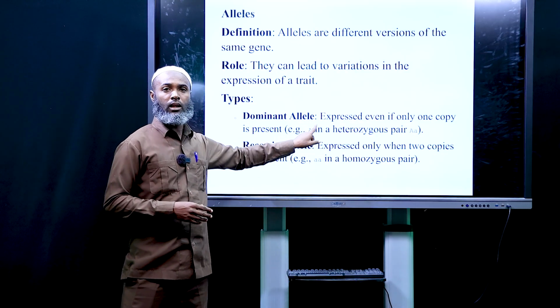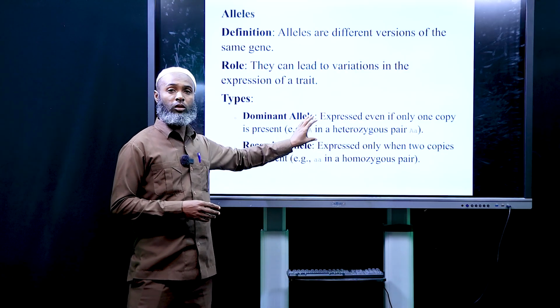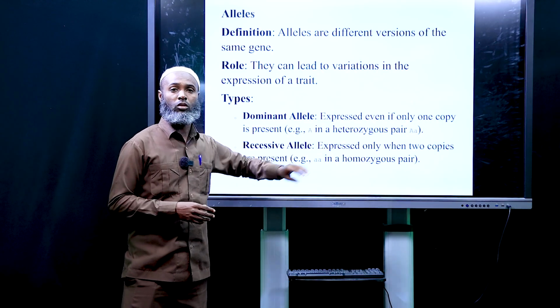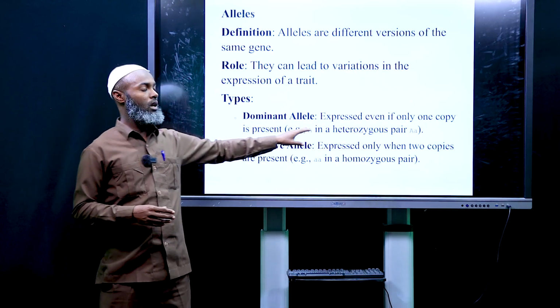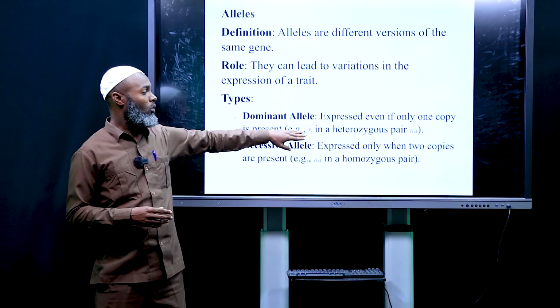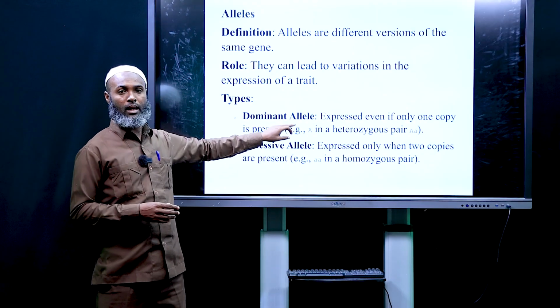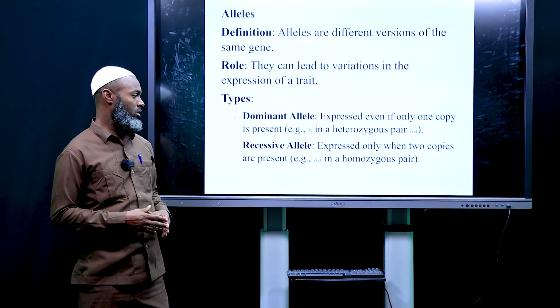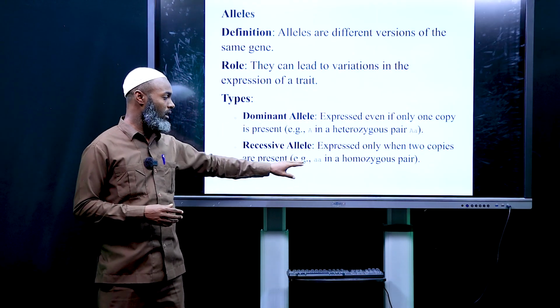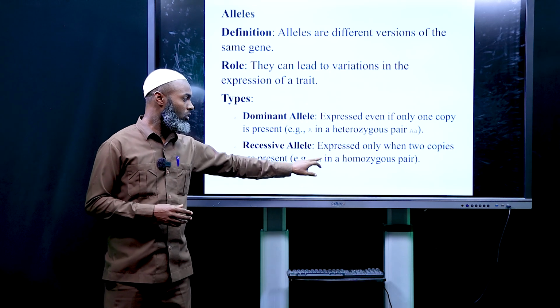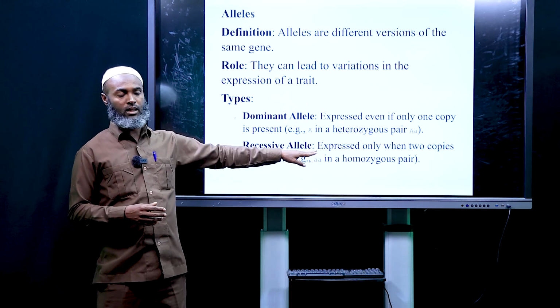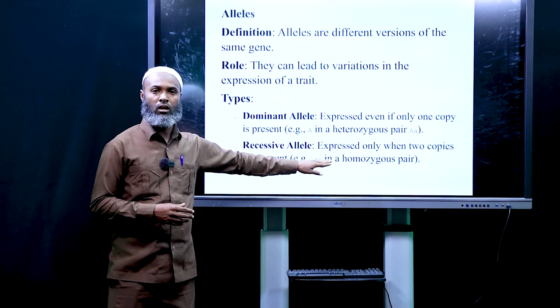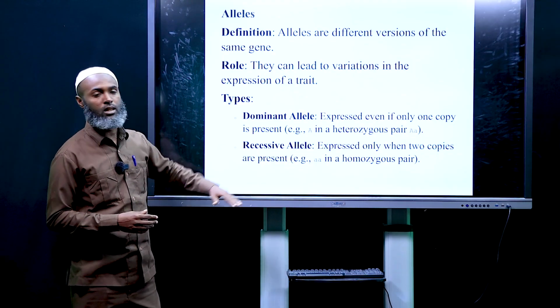So capital A symbolizes the dominant allele, which is homozygous. In the heterozygous case, it is capital A, small a. When there is a dominant allele, a capital letter is used. For recessive alleles, small a, small a. So this is homozygous, the same allele, which is recessive.